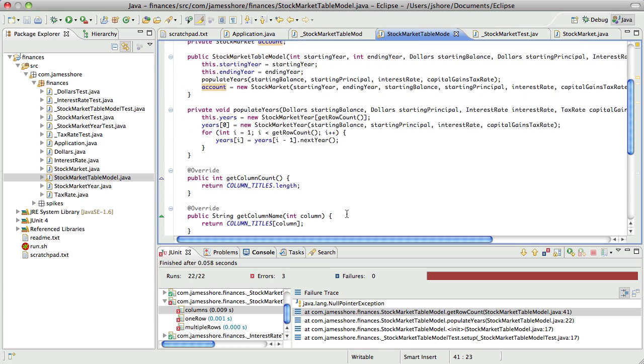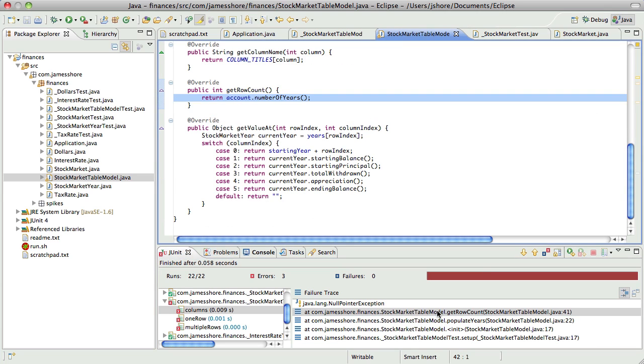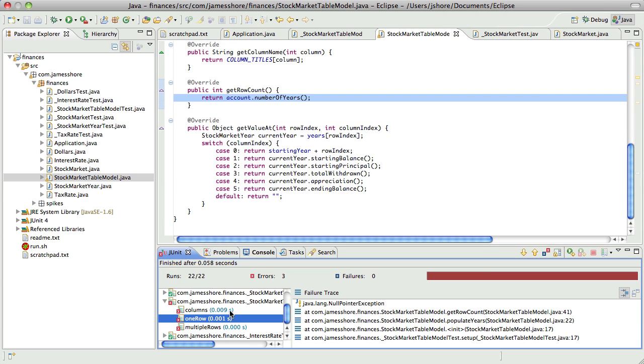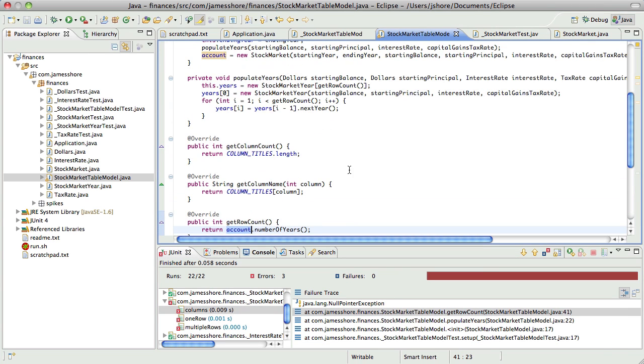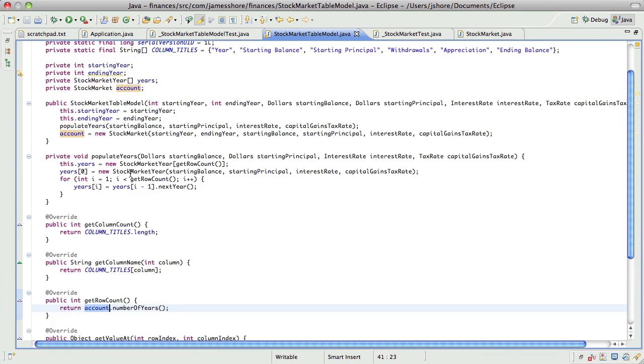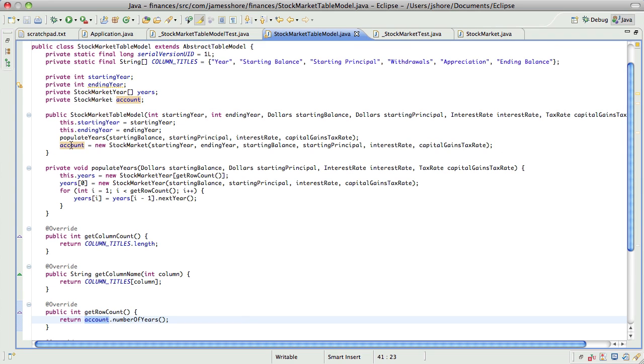I'm a little confused because it's saying we're getting a null pointer exception, which means that a count would be null, but we're populating it here.